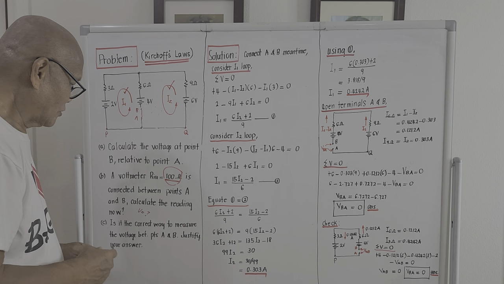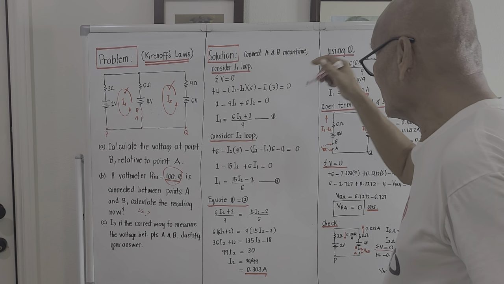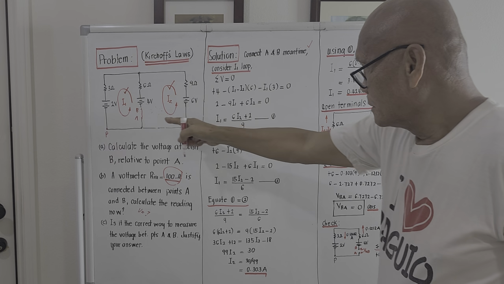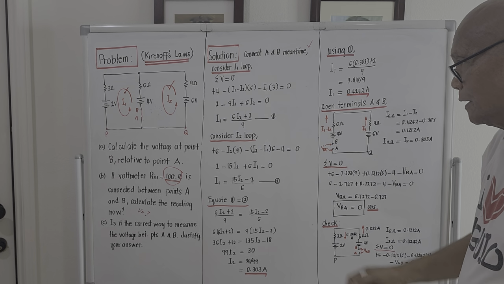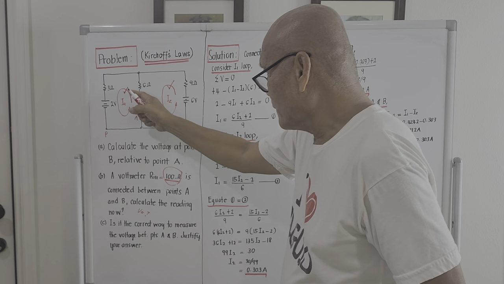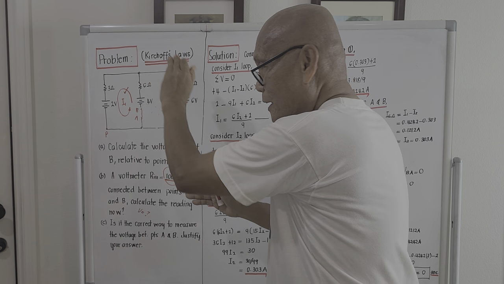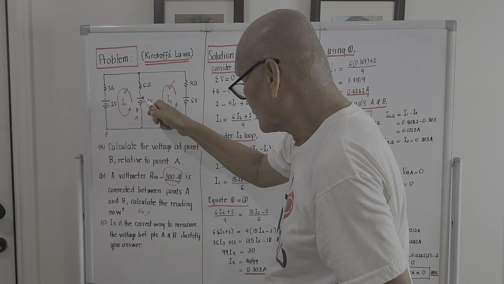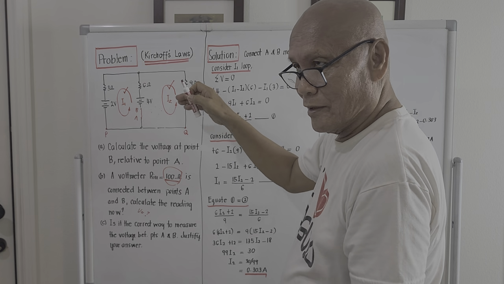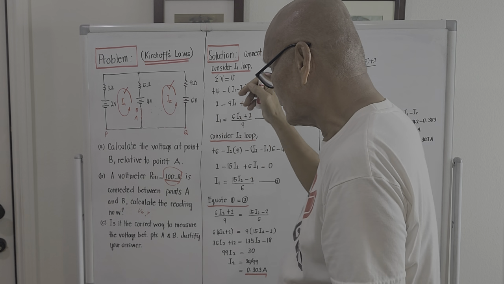Okay, let's try to bring out the solution. Solution, connect A and B in the meantime. We connect it, right? Then consider the I1 loop. This I1 here, that's my marking. I consider the loop on the left, the current circulating to be I1, and the right loop, I place the designation I sub 2 as the current circulating on the right loop.